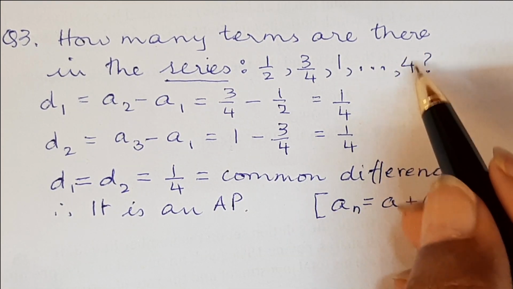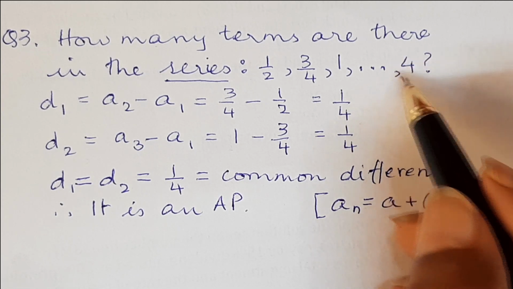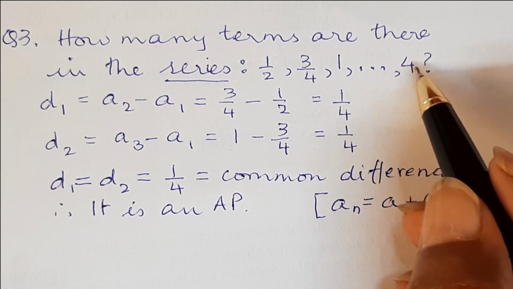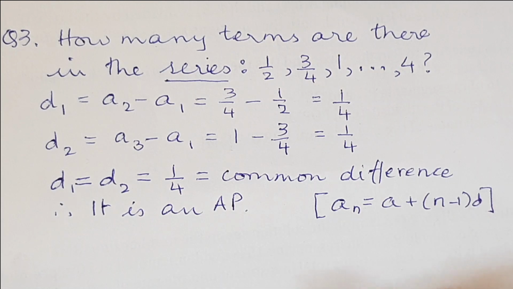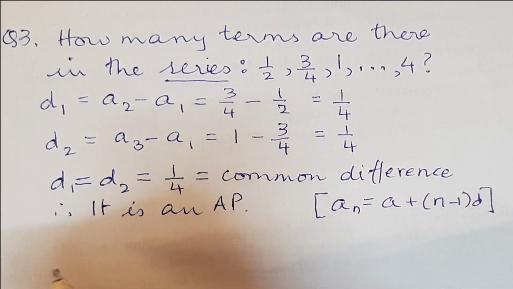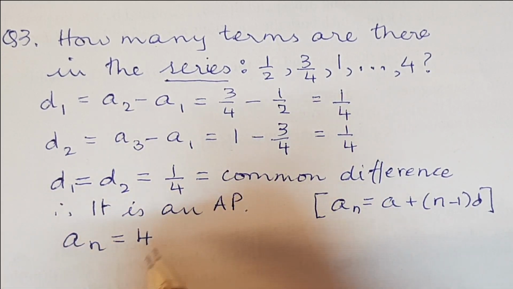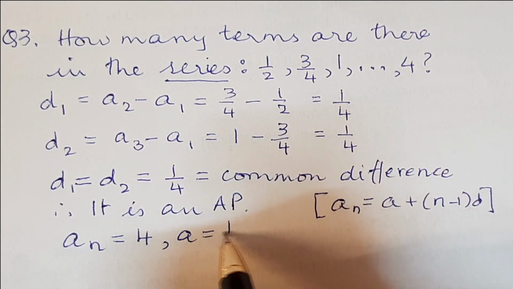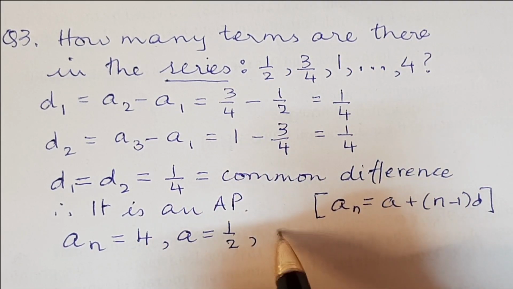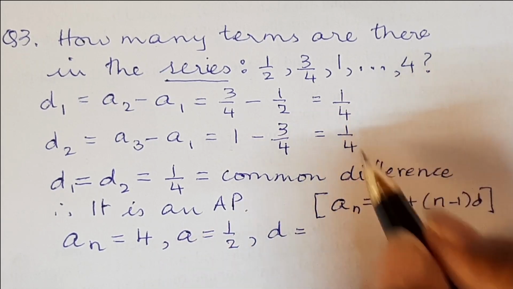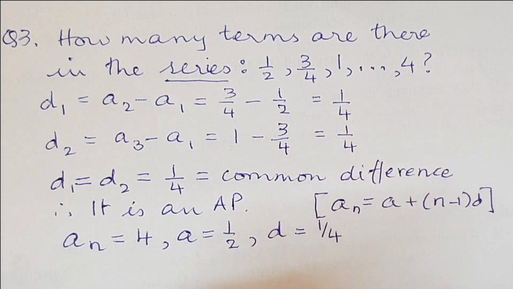AN, this will be our nth term. And so, if we find which number term this is, we will know how many terms are there in the AP. So, we are going to say AN is equal to 4. We will write A equal to the first term, which is half. What is the common difference? Equal to 1 upon 4.